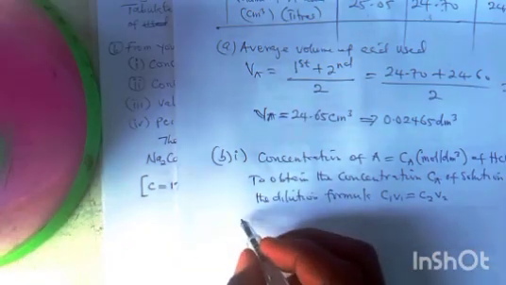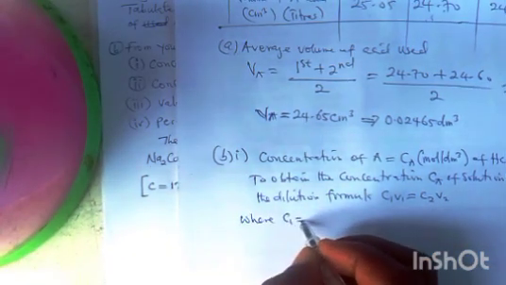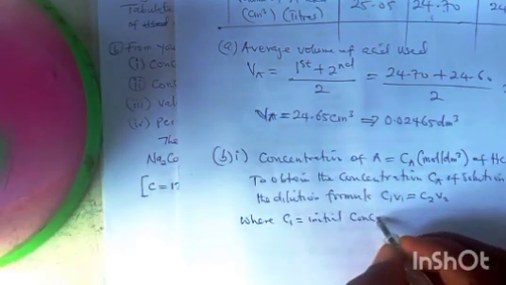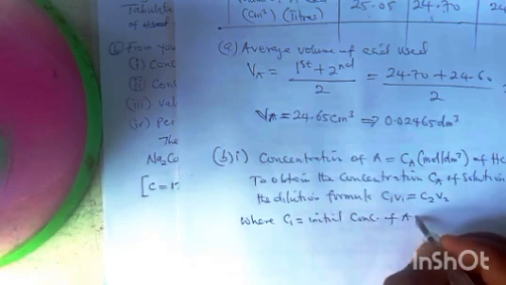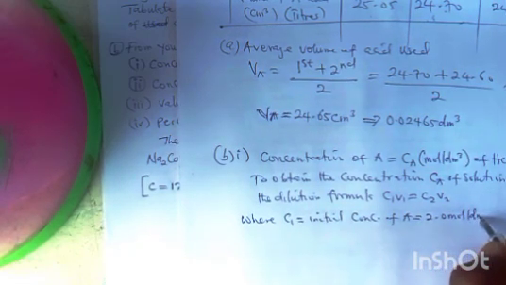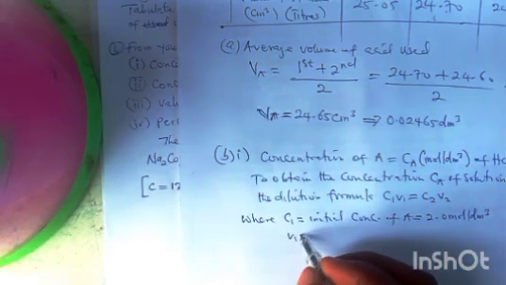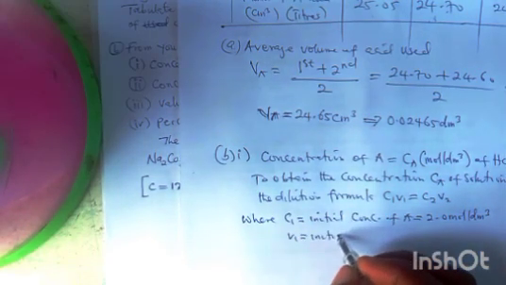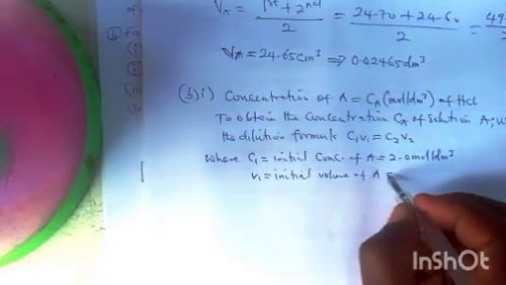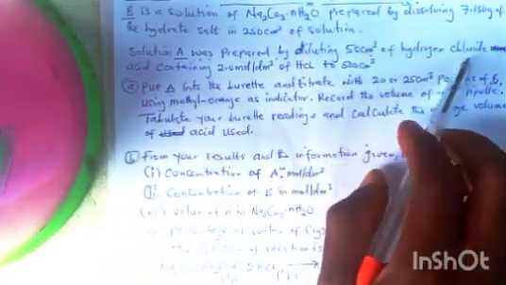Now we are saying that C1 is equal to the initial concentration of A, which is equal to 2.0 mole per dm cube, and V1 is equal to the initial volume of A. From the question, solution A was prepared by diluting this hydrogen chloride.